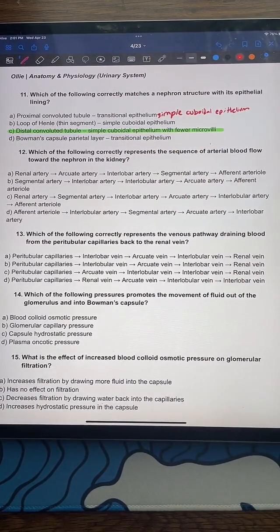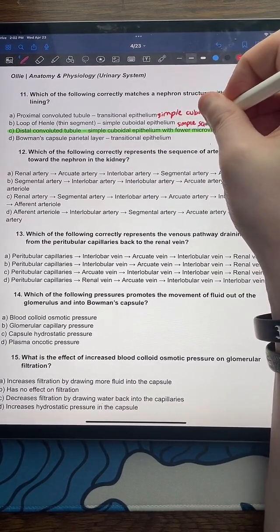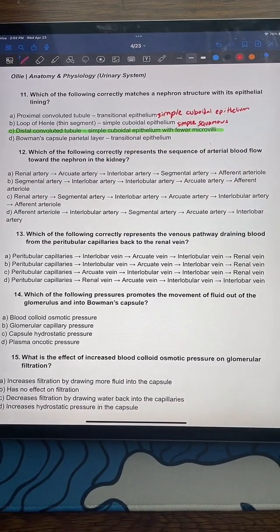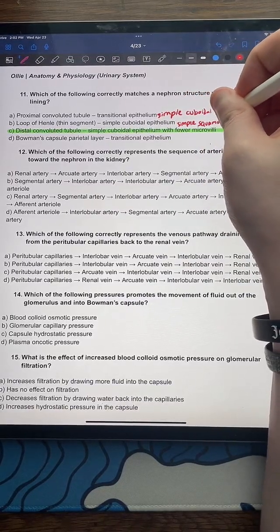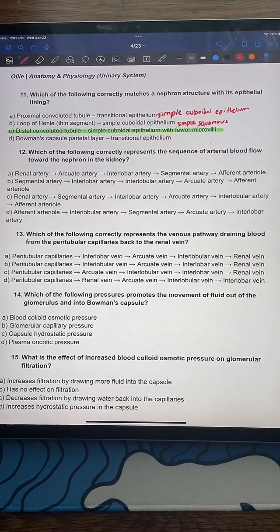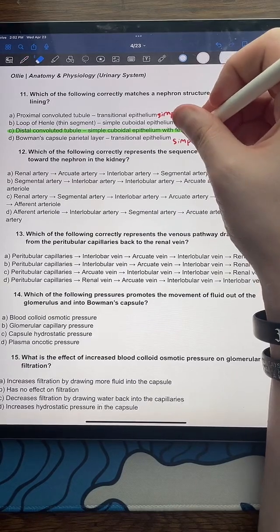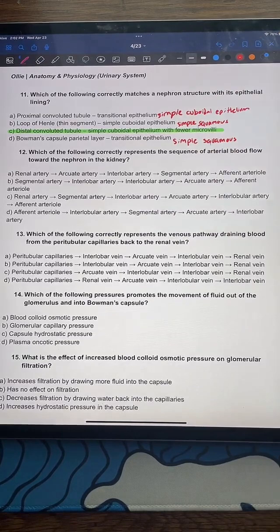The thin segment of the loop of Henle has simple squamous, not cuboidal. And the Bowman's capsule has simple squamous, not transitional.